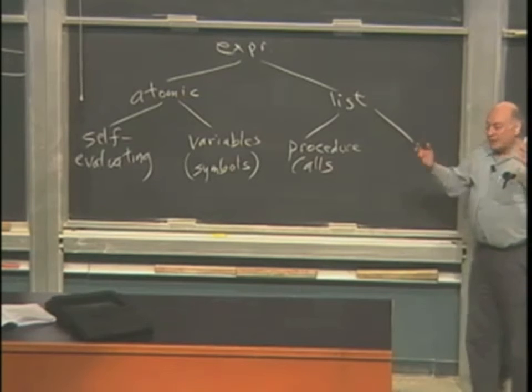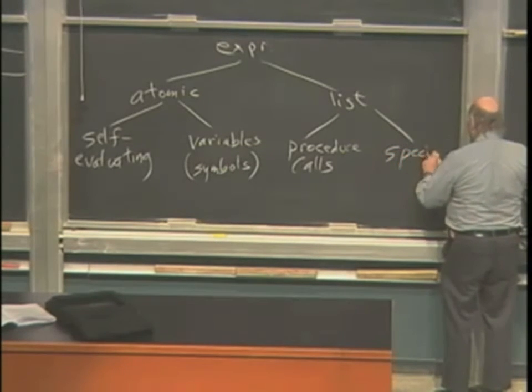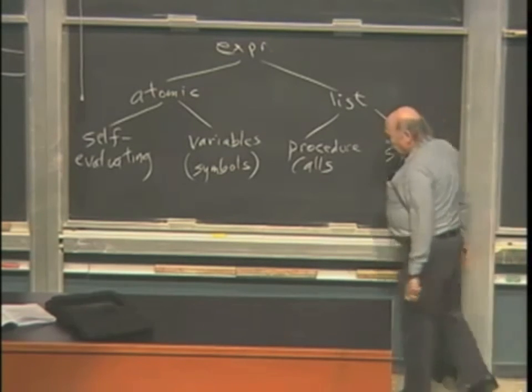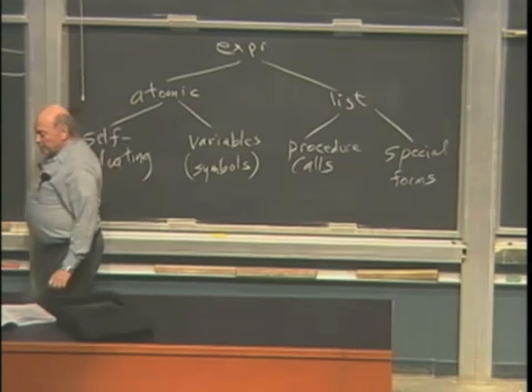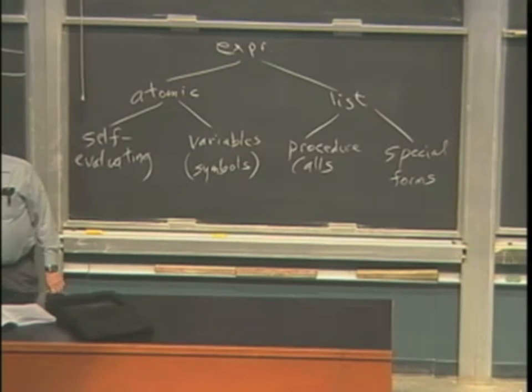Special forms. And what's special about special forms is that they don't follow the rule of applicative order. Namely, we don't have to evaluate all the sub-expressions first. And each special form has its own rules for what it evaluates and when and under what circumstances.